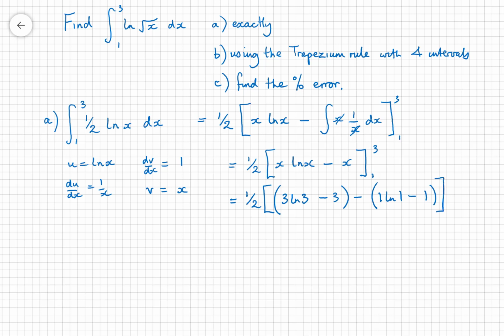The ln of 1, you'll remember, is equal to 0, and so when I put all of that together, I will end up with a half of 3 ln 3, and the minus 3 minus minus 1 becomes minus 3 plus 1, so minus 2. And when I evaluate that as a decimal, I'll get 0.647918, and so on.